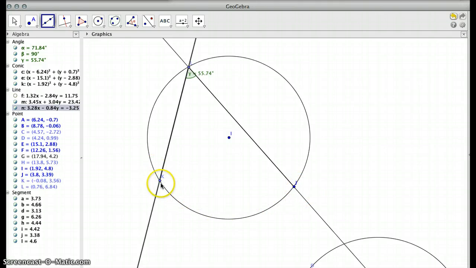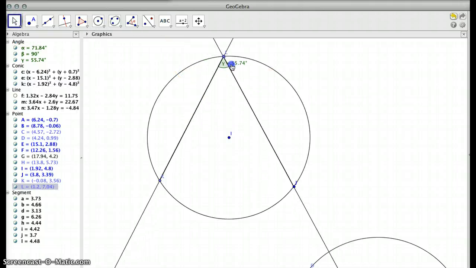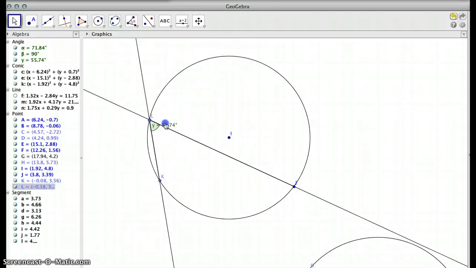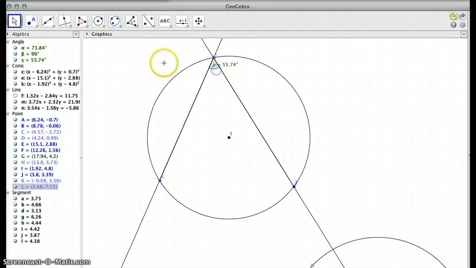So I guess we could call this a minor arc between K and J. And no matter where I move this point L, it's always going to intercept the circle at that arc. And so that's why we can use that property that tells us that this angle right here is half the measure of this arc that it intercepts.